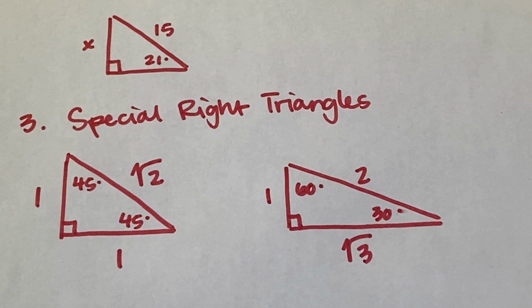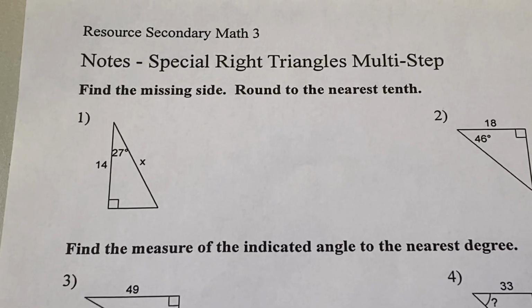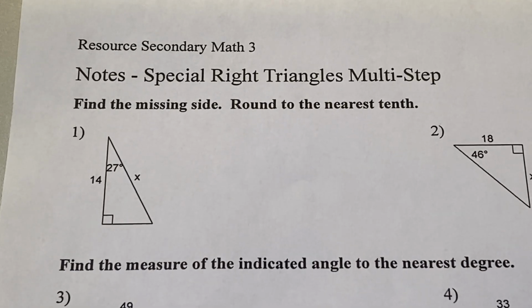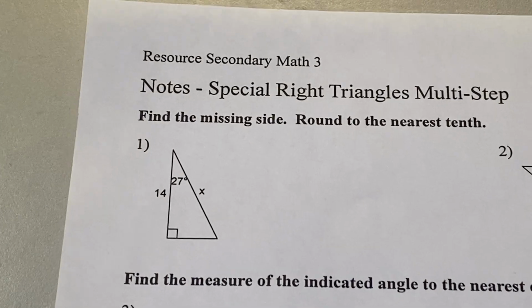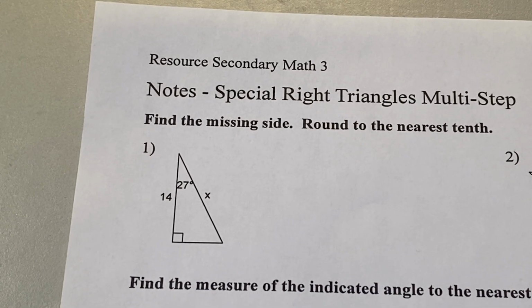You know how to find a missing side of a right triangle 3 different ways depending on what it gives you. So let's go ahead and turn your paper over. Bless you. And tell me, for number 1, which way out of the 3 we just talked about do we have to use in order to find the missing side for number 1?